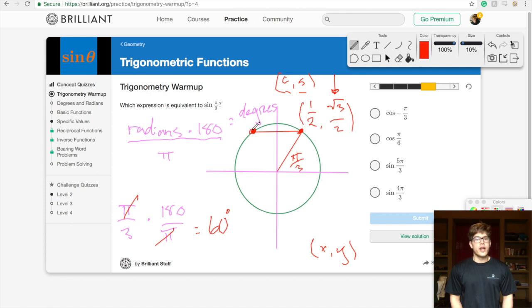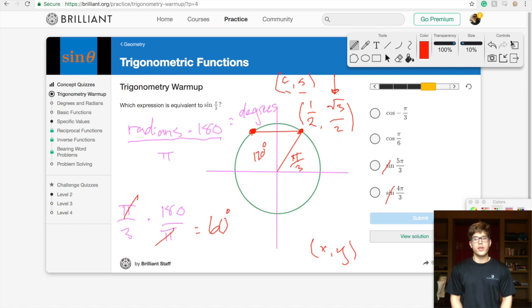And this value, it looks like would be, well, what would this value be in degrees? It would be 90 plus 30. This would be 120 degrees, which wouldn't be either of these. So what about cosine? Well, when is our cosine value equal to root 3 over 2?